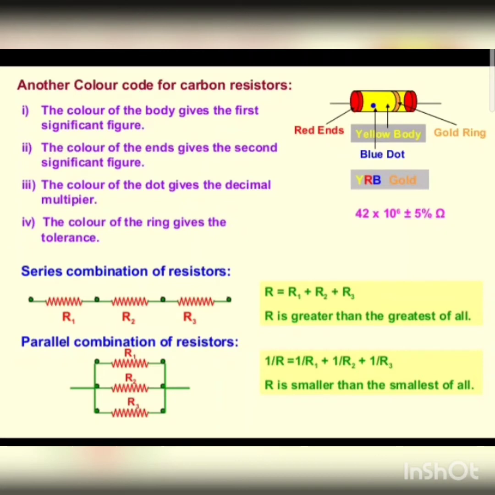Take V and cancel on both sides. We get 1 by R is equal to 1 by R1 plus 1 by R2 plus 1 by R3. The reciprocal of the effective resistance in parallel combination is equal to the sum of the reciprocals of the individual resistances. In parallel combination, R is smaller than the smallest of all the resistors.